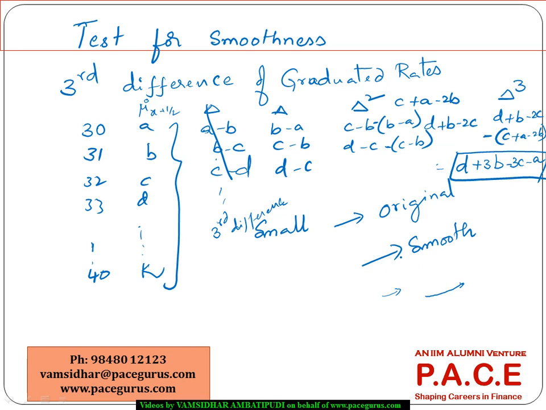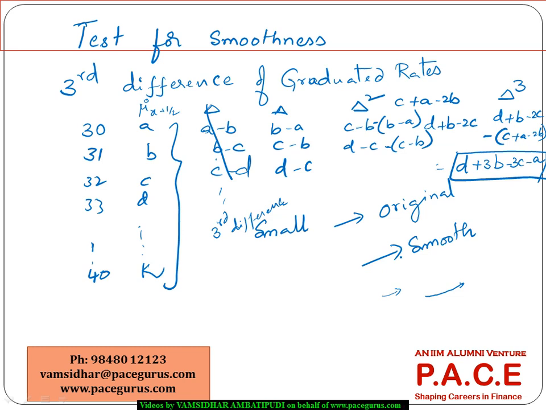So the important test with respect to testing for the graduation is that the third differences should be very small when I compare them with the original graduated rates, and along with being small, they should increase gradually with respect to age.